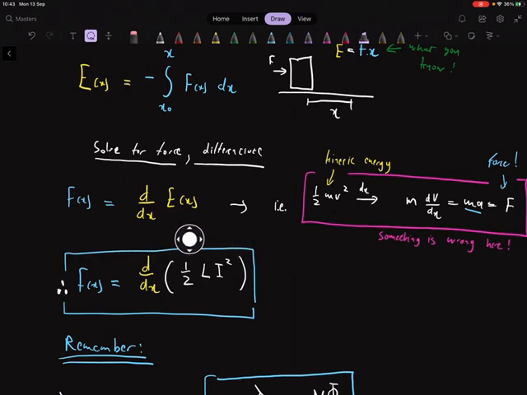But anyway, this is a fun little problem. This is one of the reasons why I wanted to share this video: if you do the derivative of energy, we should get force. It's a very cool exercise to try differentiating kinetic energy with respect to displacement, not time, displacement.